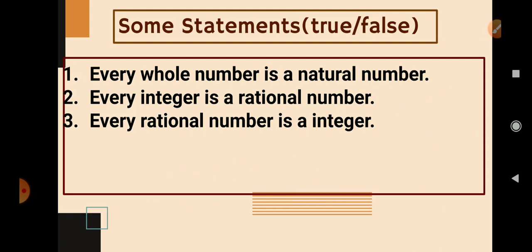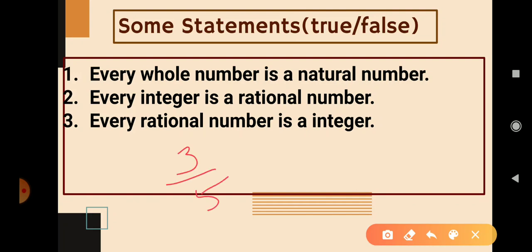But here, for example, if I consider 3 by 5, it is not an integer. Individually, 3 is an integer and 5 is an integer, but 3 by 5 is not an integer.